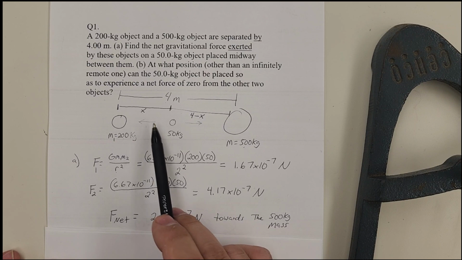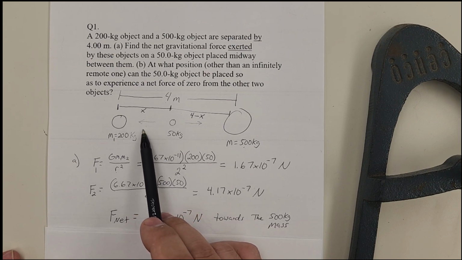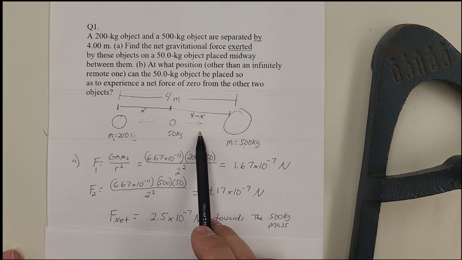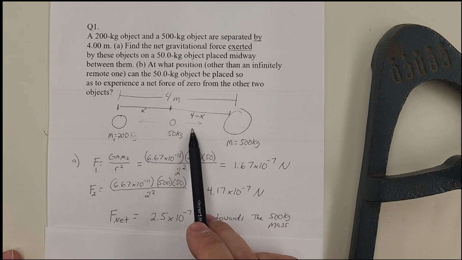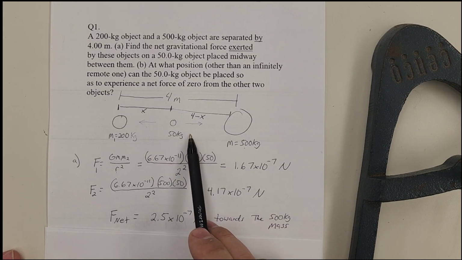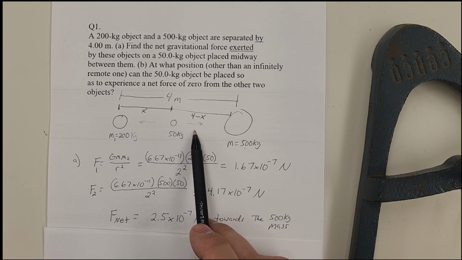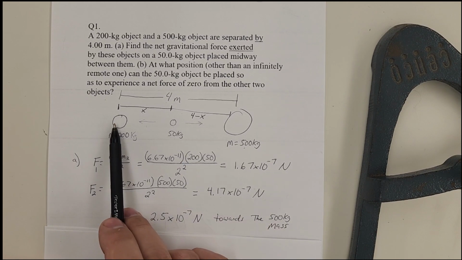It'll be an attraction, so it'll try to pull it this way. The other mass is larger, and it will also try to pull that object towards it. So there's going to be some conflicting vectors here. We'll have to figure out what both of them are, figure out which one dominates, and then there'll probably be a difference taken to see what the net force is. So let's work with this one first.